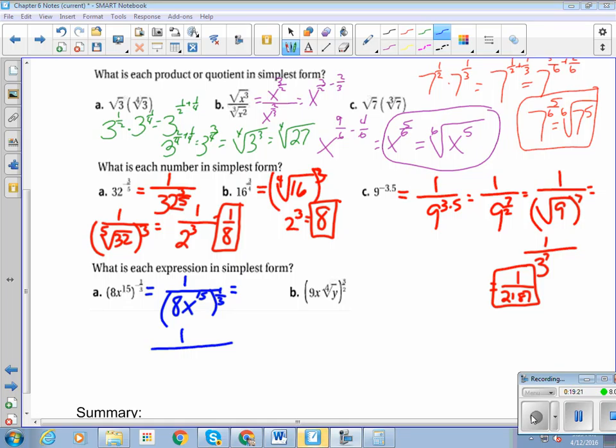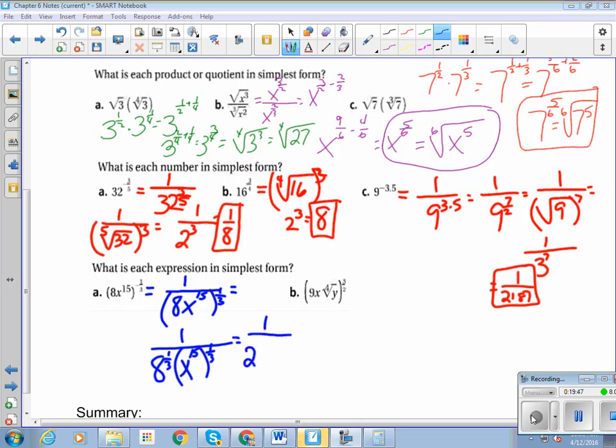So I'm going to go 8 to the 1/3 times x to the 15 to the 1/3. The 1/3 power distributes into this multiplication here. This is 1 over, I know the cubed root of 8. It is 2.